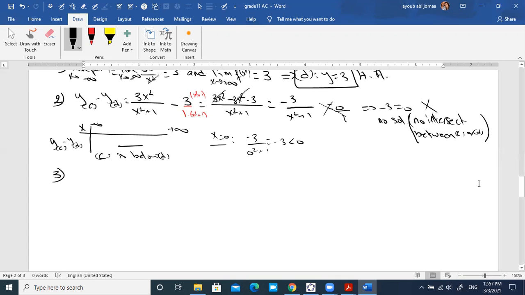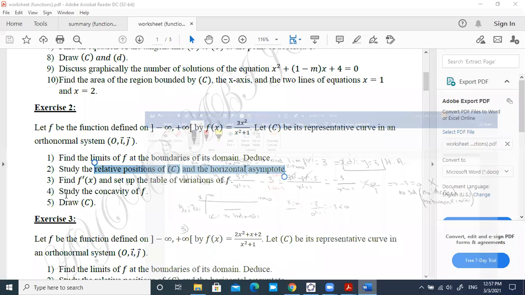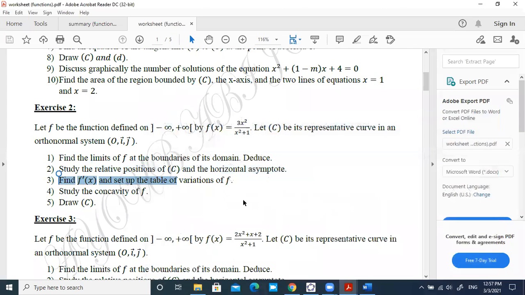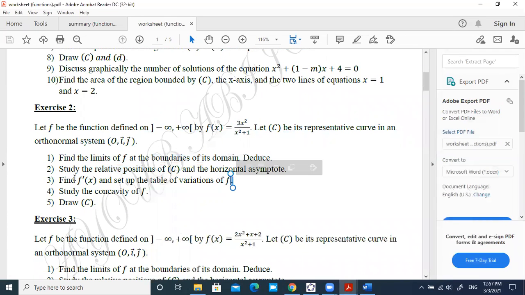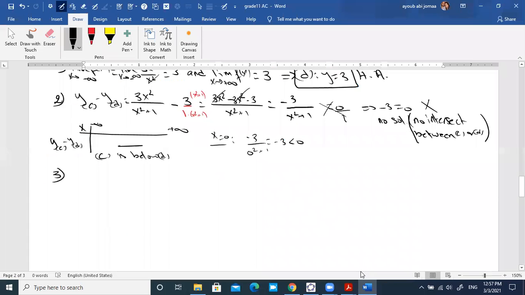Yeah. Part 3: find f prime of x and set up the table of variations. Right. U over v. F of x is 3x squared over x squared plus 1. U over v.